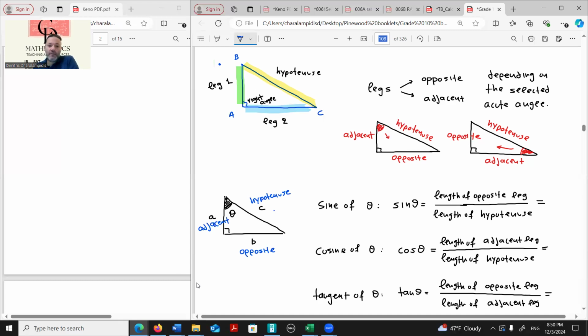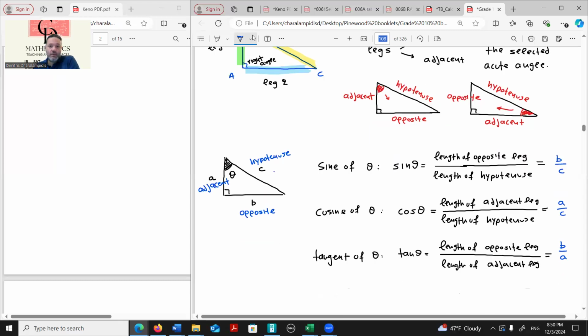So sine of theta, which is the ratio formed from opposite over hypotenuse, would have been B over C. Cosine of theta, which is the ratio formed by the adjacent over the hypotenuse, would have been A over C. And finally, the tangent of theta, which is the ratio formed by the opposite over the adjacent, is B over A.